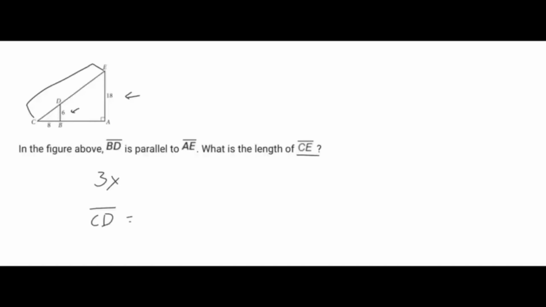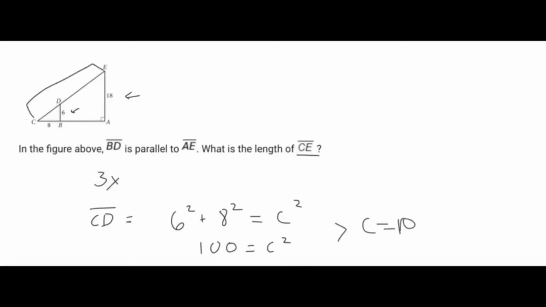So CD, well, we just use the Pythagorean theorem. We'll say 6 squared plus 8 squared equals C squared. So we get 36 plus 64 is 100. And therefore, C squared is 100, and if we take the square root of both sides, we ultimately get C equals 10.